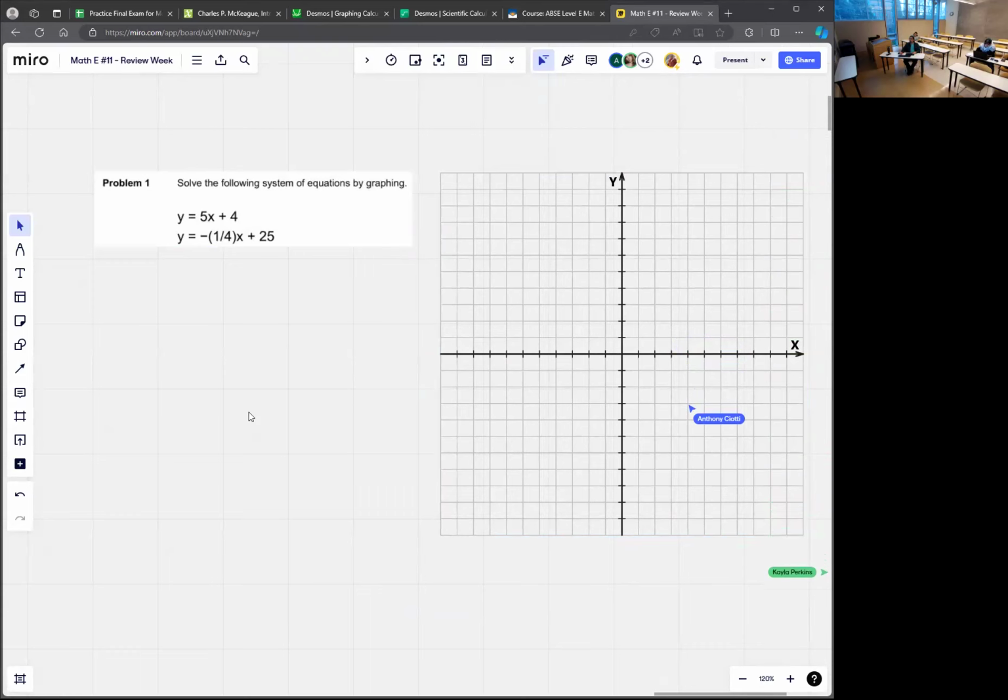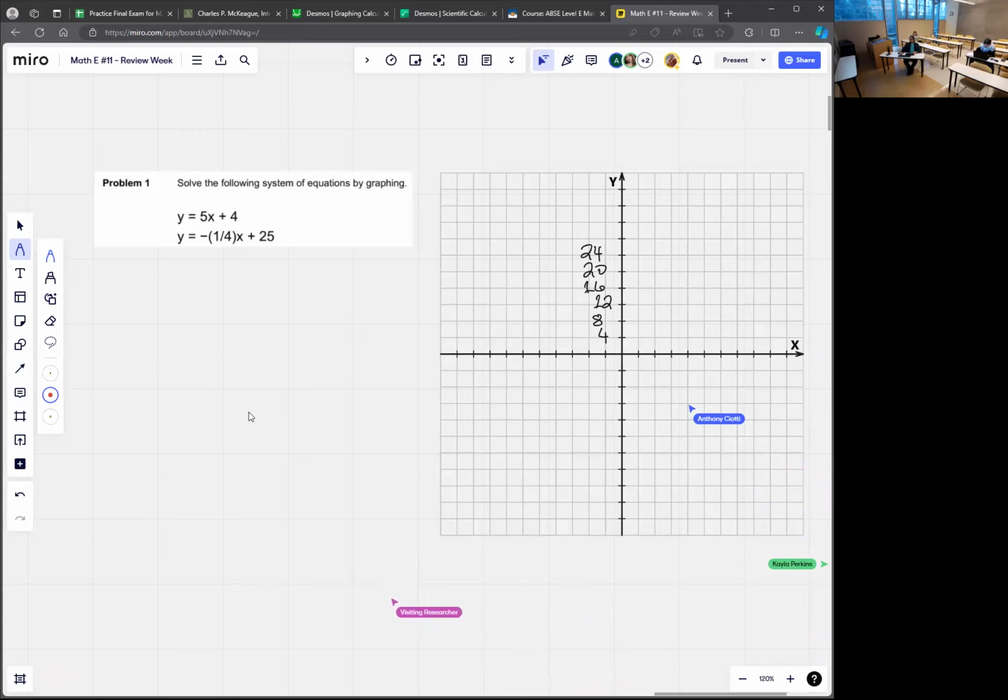I'm also going to look at the second one and see that its y-intercept is 25. And my little bit of graph paper doesn't have 25 lines. So maybe I'll just count by fours. 4, 8, 12, 16, 20, 24.